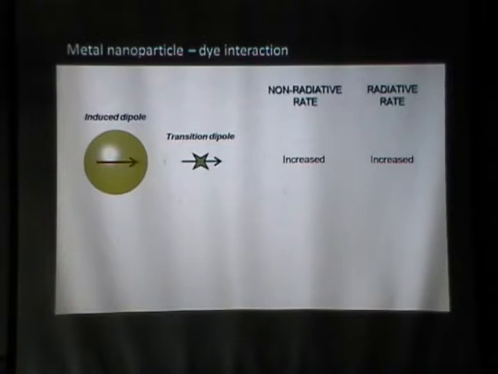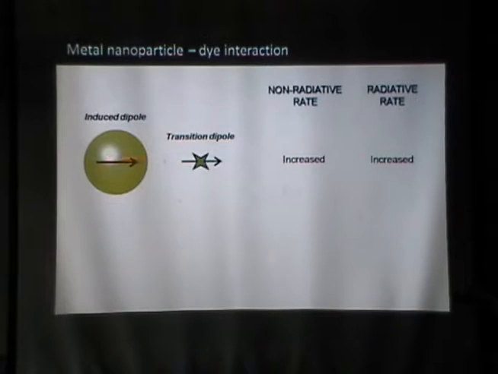Another way to see that in simple geometries is like this. For example, if we have a sphere and a fluorophore with a certain dipole, this molecule has a dipole like this and will induce in the sphere a dipole in this direction.